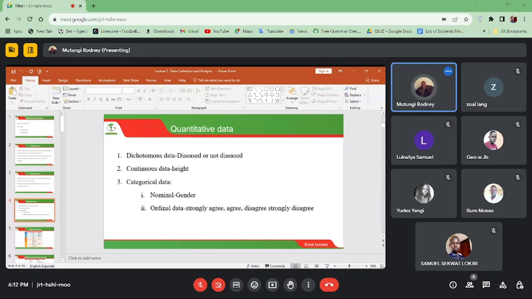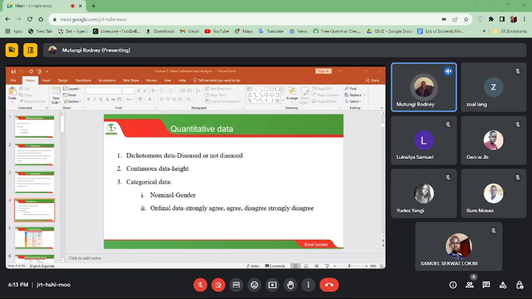The nominal one is more of the dichotomous kind, which has two options. For example, in gender, you are going to expect male or female. Then ordinal can take on a lot of categories.